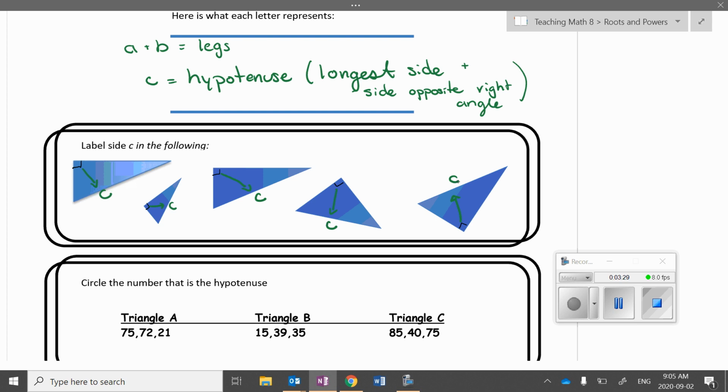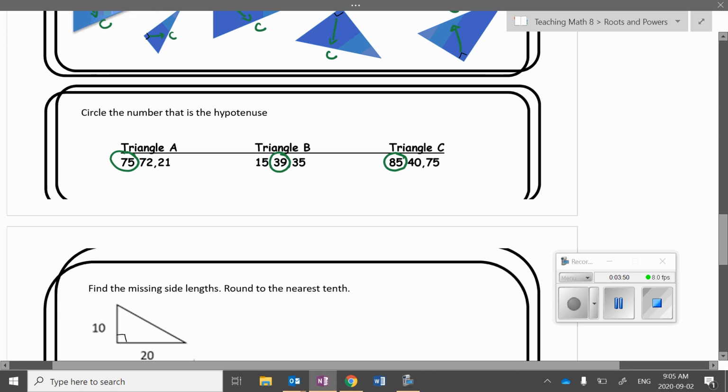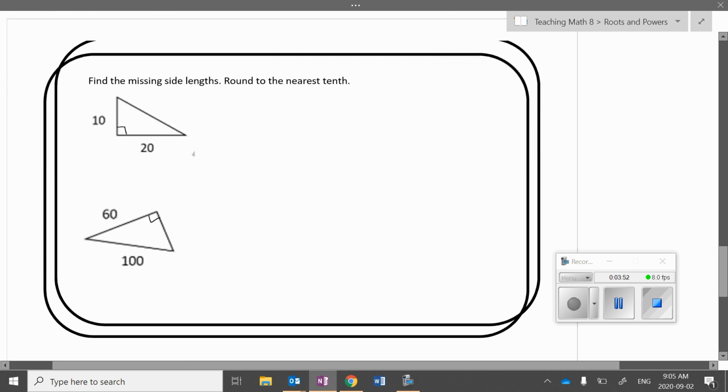And so knowing the 90 degrees is the most helpful piece. In these next examples, circle the number that's the hypotenuse. So remember, the hypotenuse is always the longest side. Therefore, we're looking for the largest number. So this would be 75, 39, and 85.